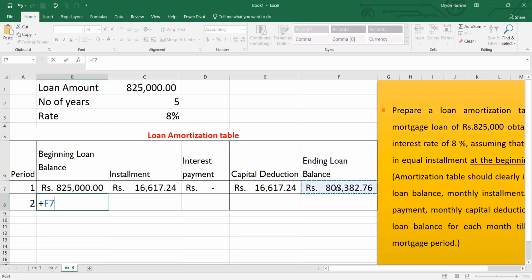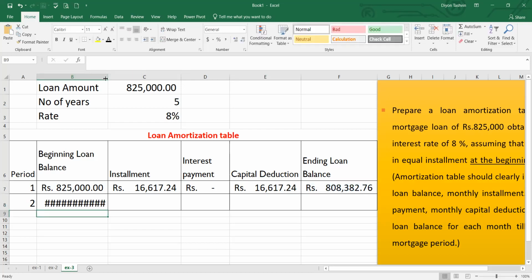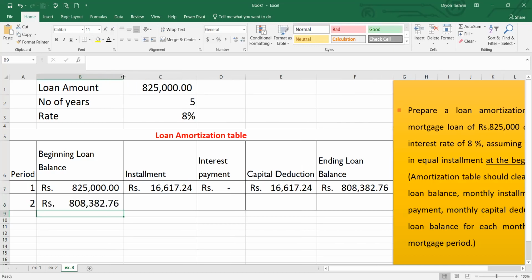So you have to refer to the F7 cell for the period 2. Then we can see that they have referred to 5 years.